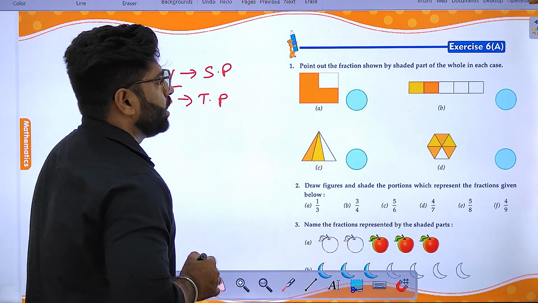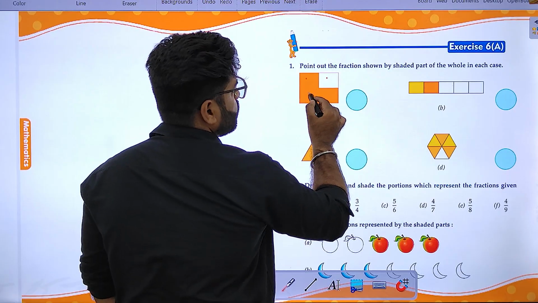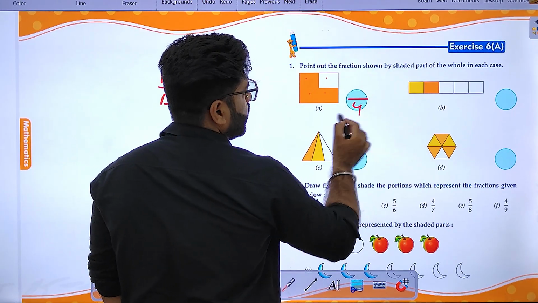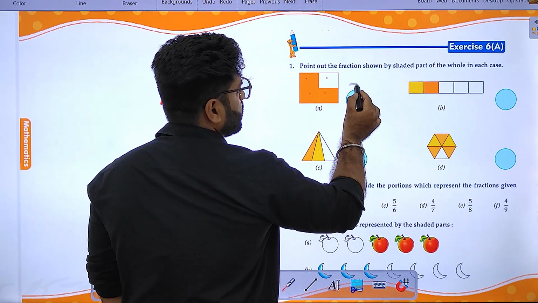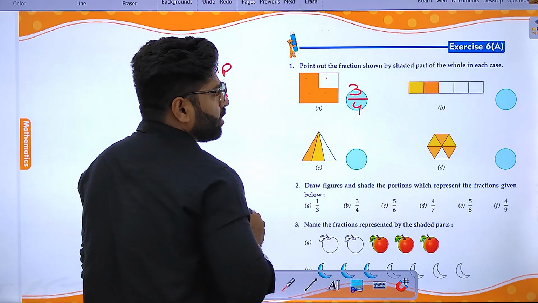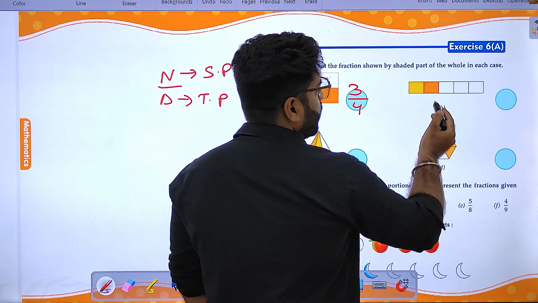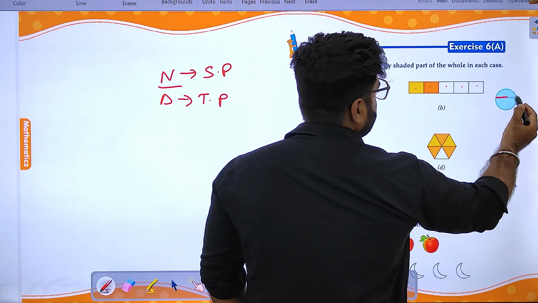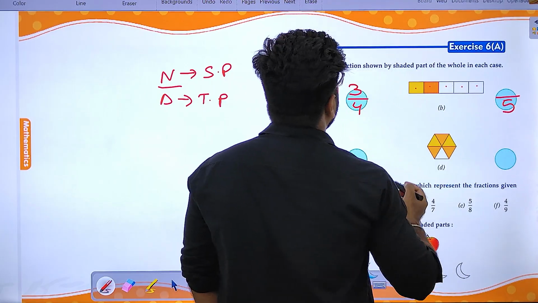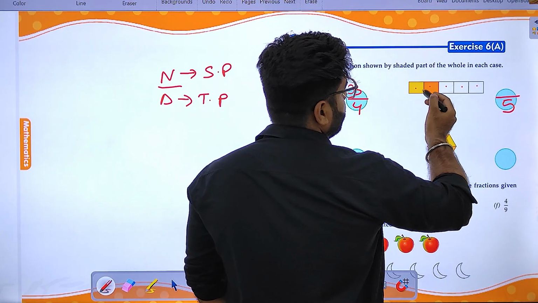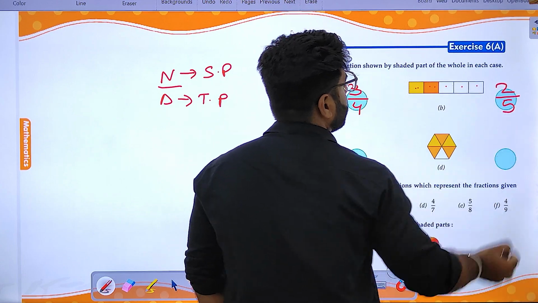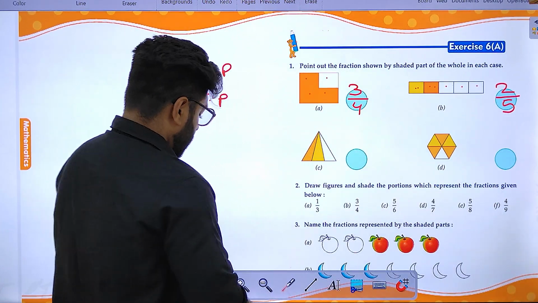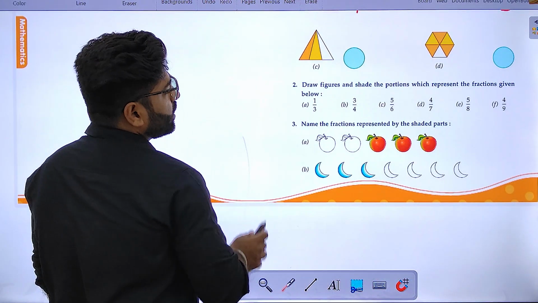So how many parts are there? 1, 2, 3, 4. So in the denominator we are having 4. And how many shaded parts are there? This is 3. Next we are having 1, 2, 3, 4, 5 strips. So total parts is 5. And if we point out the shaded parts, we are having 2. So we will write it in the numerator. Clear? Next, come to the second question.